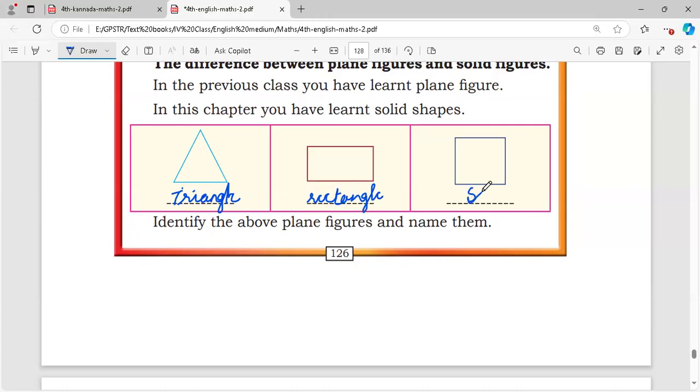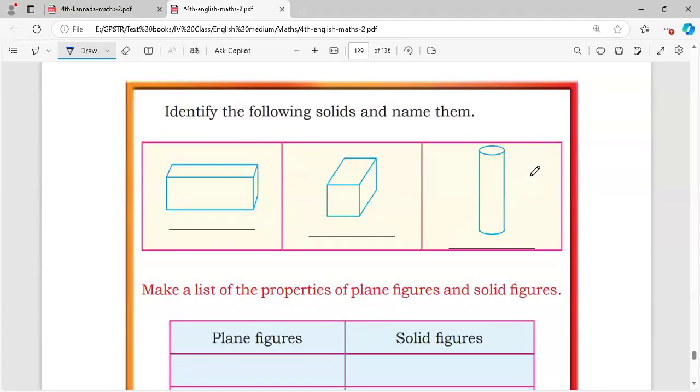This is a square. Identify the following solids and name them. This is a cuboid, cube, and cylinder.